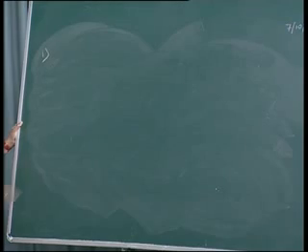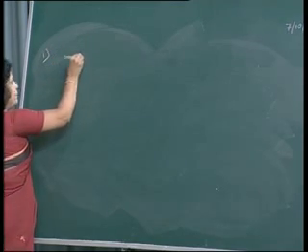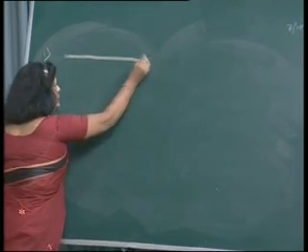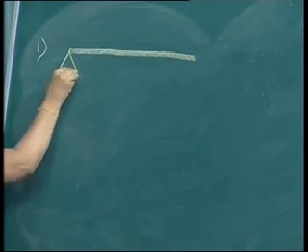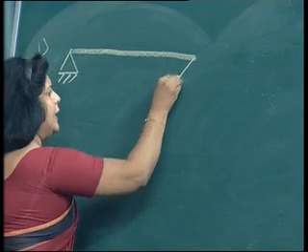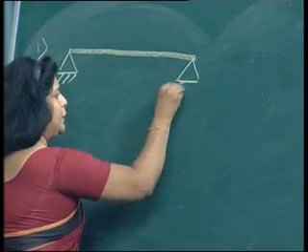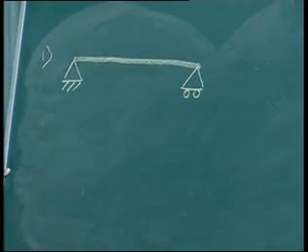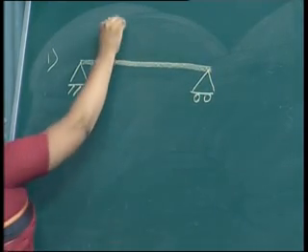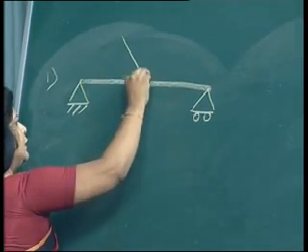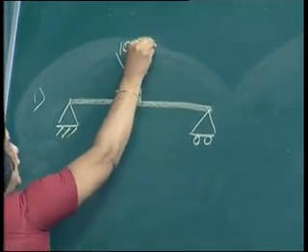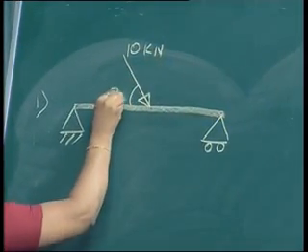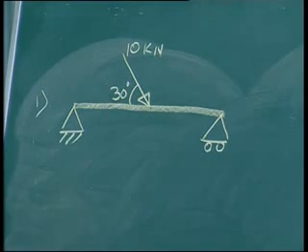Suppose we have a simply supported beam, having one end as a hinge support and the second end as a roller support, and it is subjected to an inclined force of 10 kilonewtons at an inclination of 30 degrees.